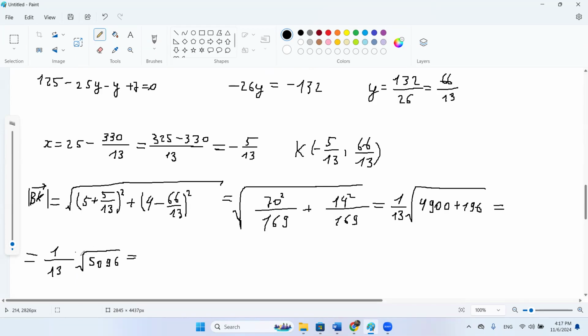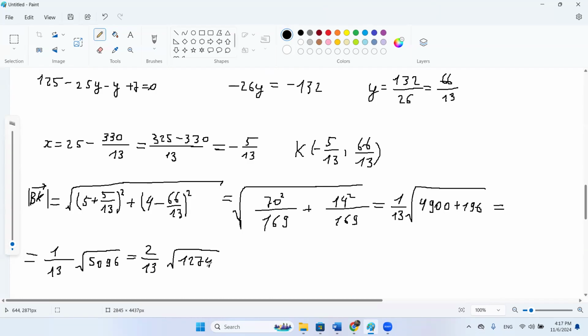We can simplify it, extract some values from this square root. We can extract 4. I see it, but I will calculate it on the calculator. So 5,096 divided by 4 is 1,274 by 13.